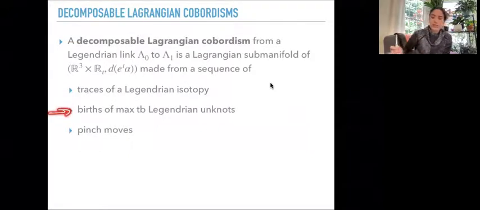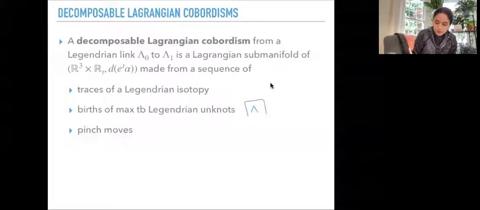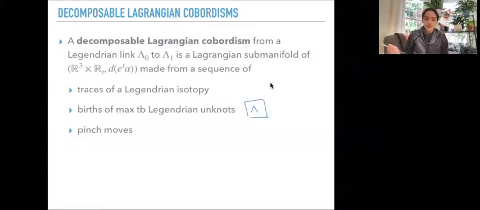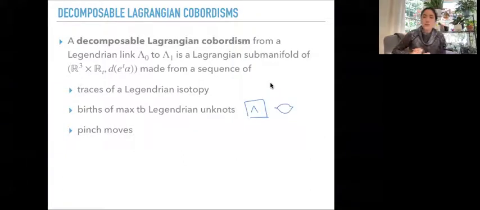Second, we have births of unknots, but because we're in the contact symplectic world, if we have some Legendrian knot or link, we want to do zero-handle attachments, and it needs to be a birth of a max tb unknot. So this particular unknot, as opposed to a stabilization of it.